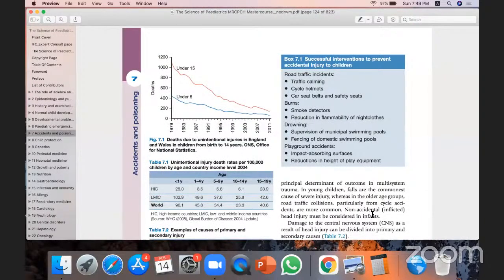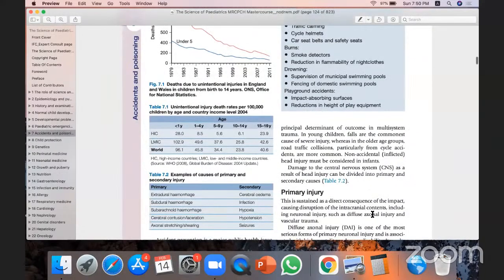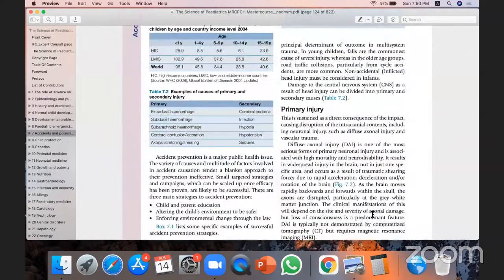from this page, what we will read is primary and secondary injury. These are examples of primary and secondary injury. When some poisoning or accident occurs in children, the primary effect may cause damage, and damage can also occur by secondary effect. What is secondary effect?